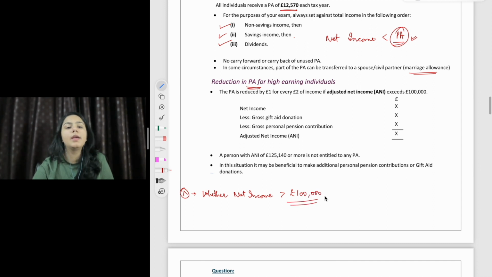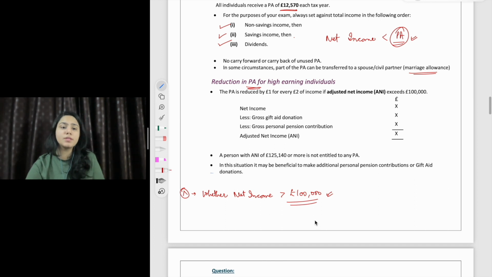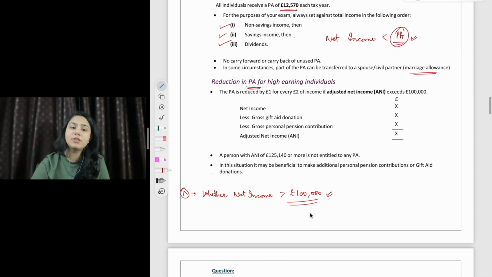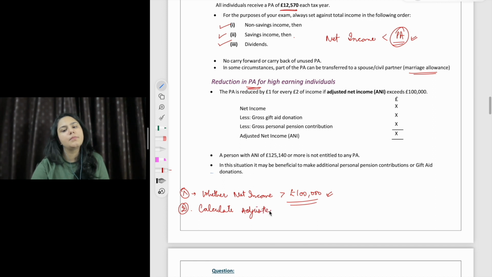If your net income is greater than 100,000 pounds, there is a possibility that your personal allowance needs to be reduced. The second step is to calculate adjusted net income.